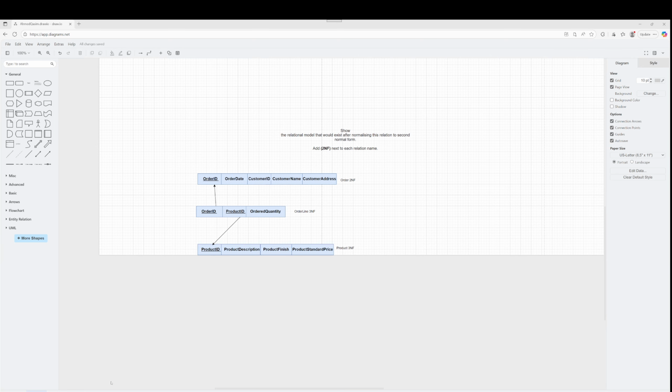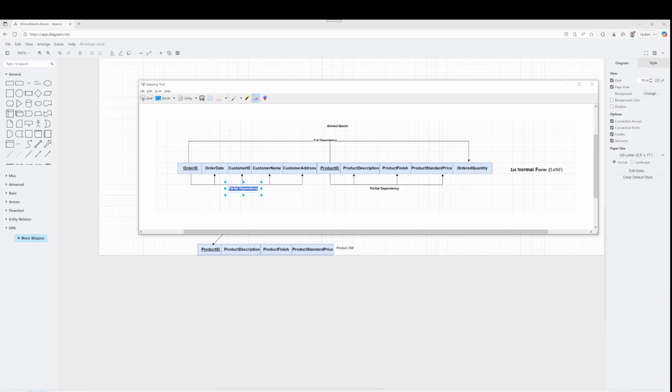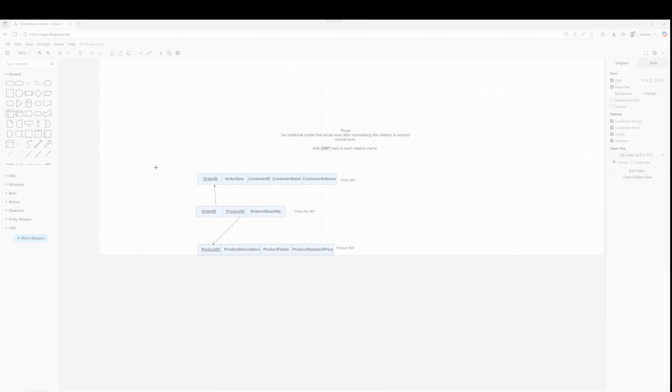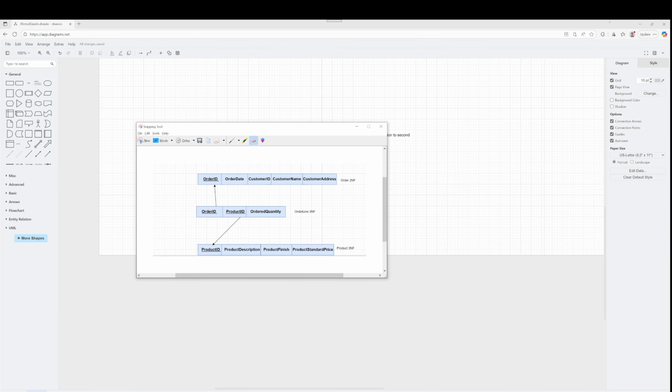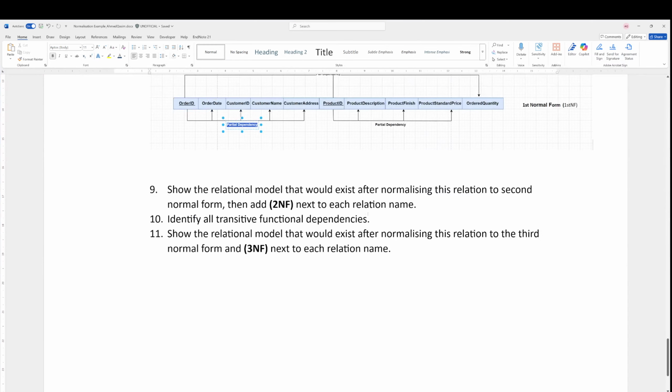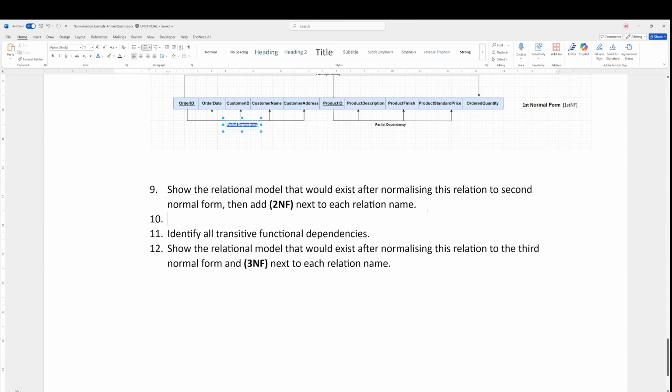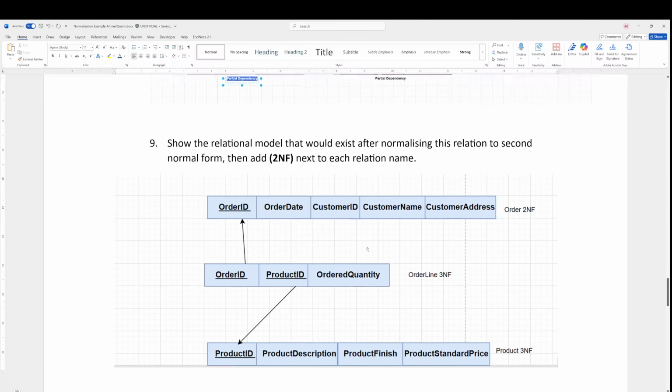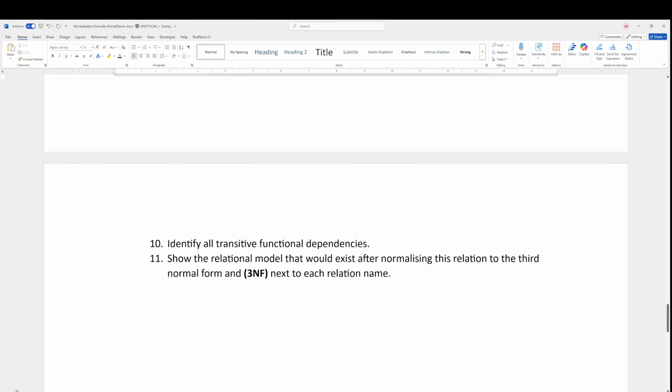So probably I'm just going to copy this one and place it with this. Now I want to identify whether there is a transitive dependency or not.